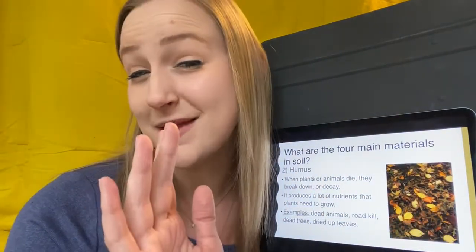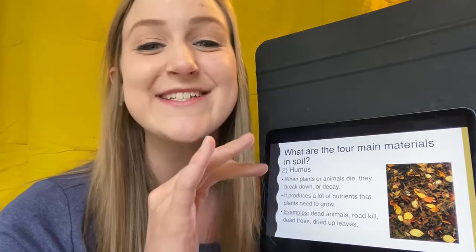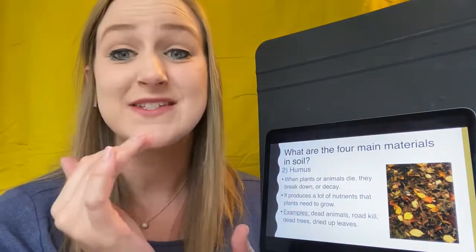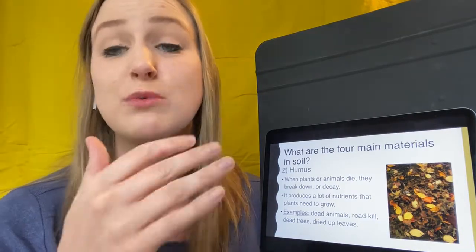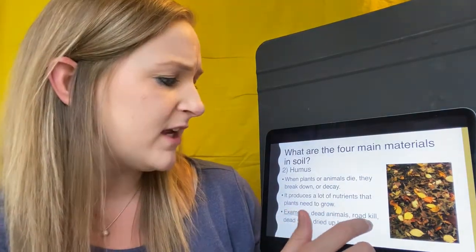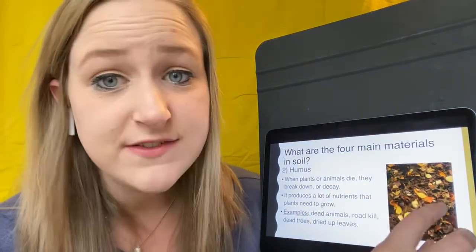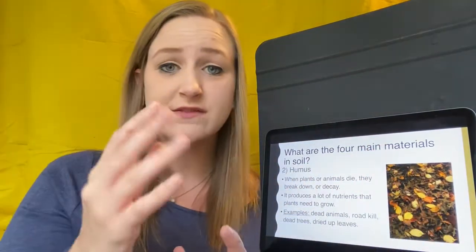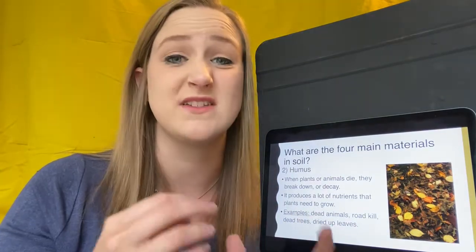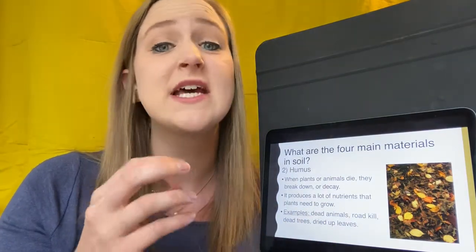Another material you might find is humus. Now, this isn't hummus, like the food that you eat. This is called humus. Humus is when plants or animals die, they begin to break down or decay. So when you see these leaves on the ground, those leaves fall out of a tree, they're dead material, and they begin to decompose, which means they start to break down a little bit, break apart.